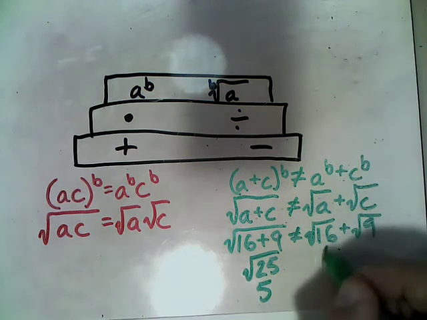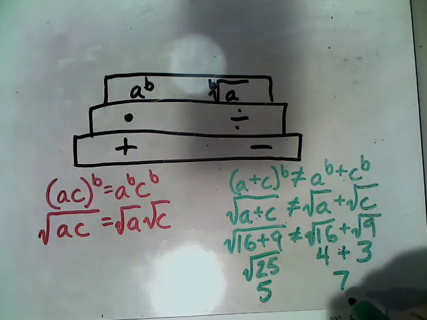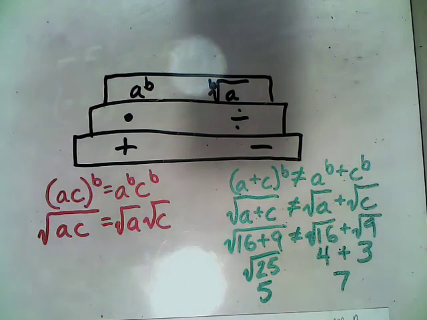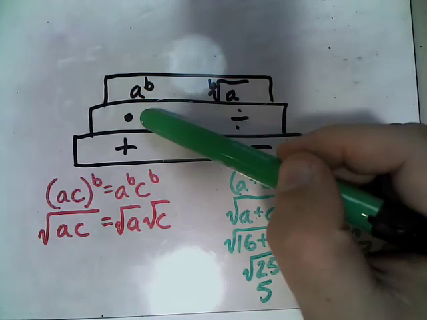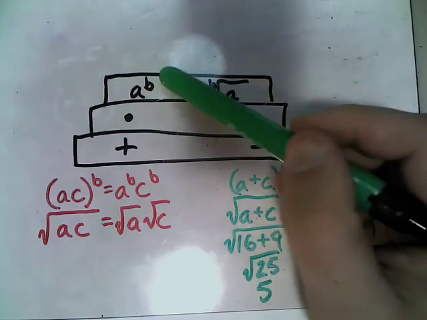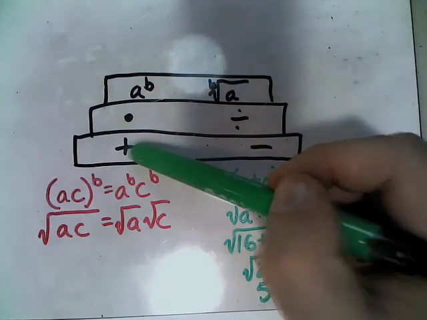Over here, square root of 16 is 4, square root of 9 is 3, and 4 plus 3 is 7. It should be real easy to see there. Those are not equal. So word of caution here: these properties work when the operations involved are one step away from each other. They do not work when the operations are two steps away from each other, like roots and addition.